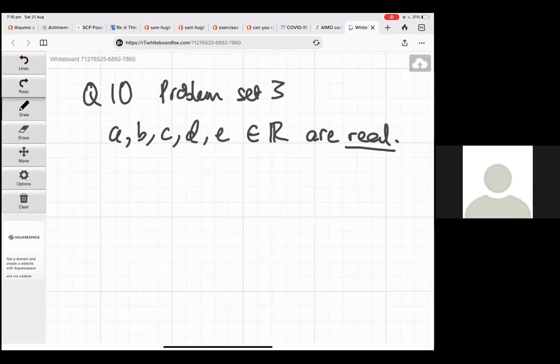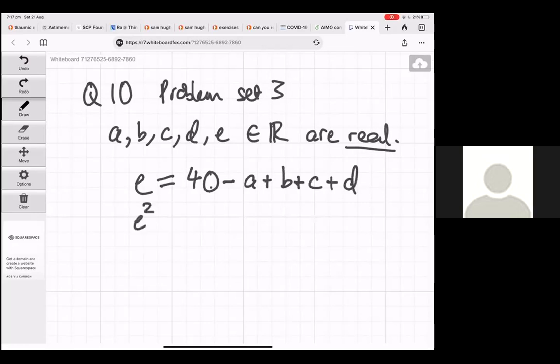Oh, right, and the question is, so we've got these 5 values that are real and they're linked to each other. They have relationships to each other via these 2 equalities. So E is equal to 40 minus (A plus B plus C plus D).